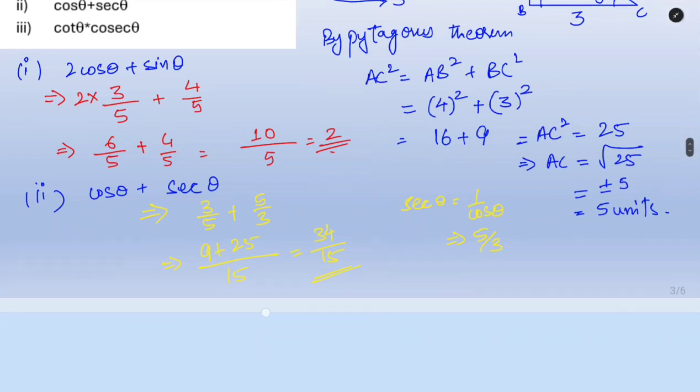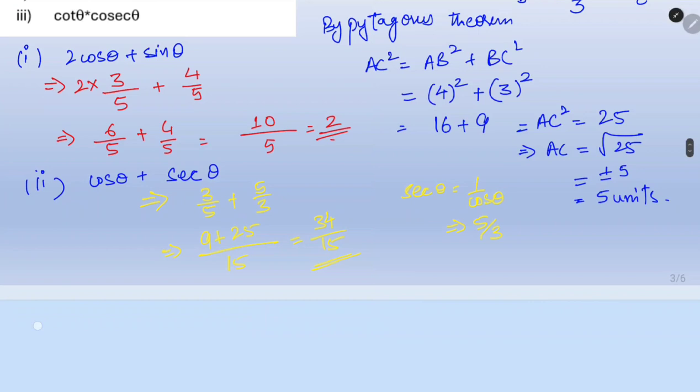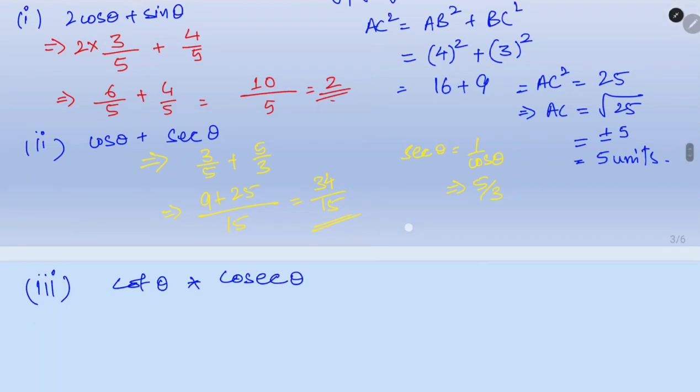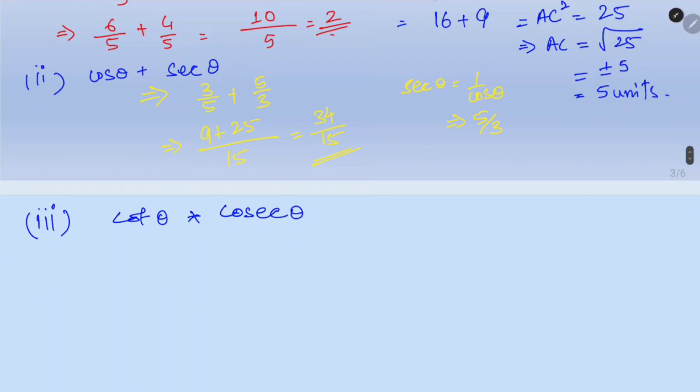For the third part, it is cot theta into cosec theta. As we know, cot theta is nothing but 1 upon tan theta, and cosec theta is 1 upon sin theta. What is tan theta? It is already given in the question.